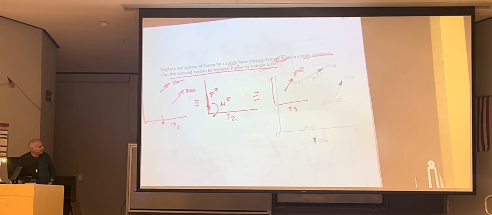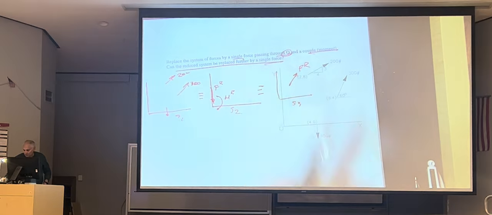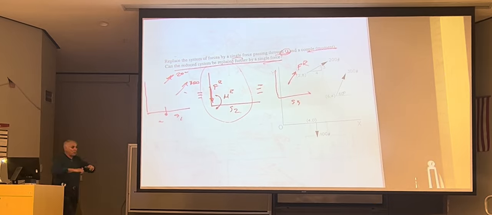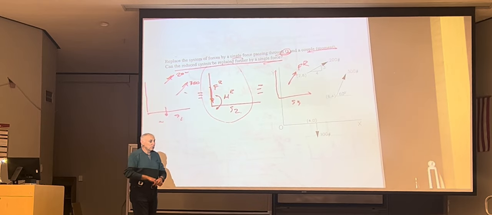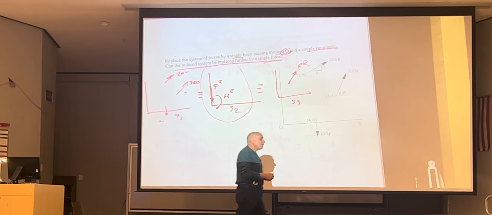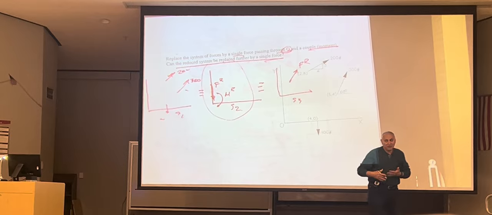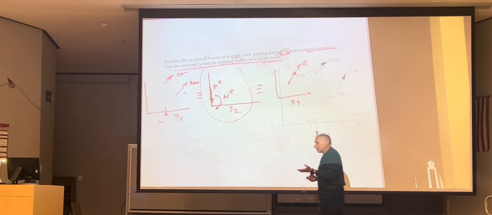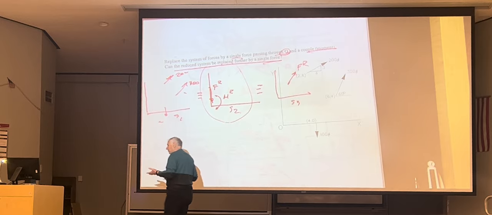So there are three systems. The original system with the three forces, I can reduce that down to a single force and single moment anytime I want. That's a fact. Then the question becomes, can I reduce this down to a single force? And the answer is yes, because I know it's a coplanar system. That always reduces down to a single force.